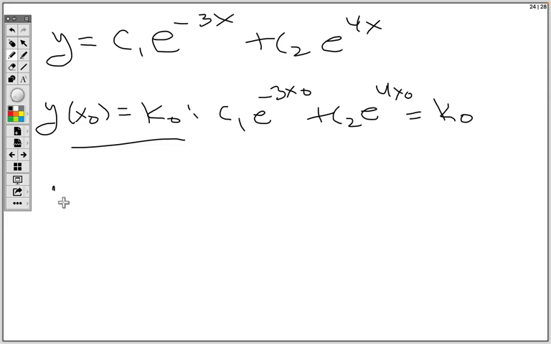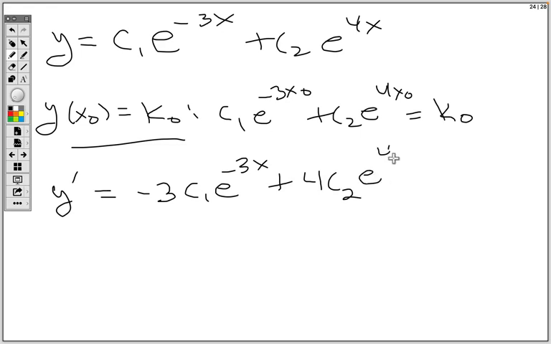And now I'm going to look at y prime. Once again, hopefully you realize this is the exact same process we did just a few minutes ago. We just are plugging in x naughts and getting out k's.